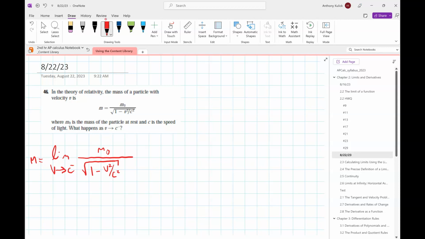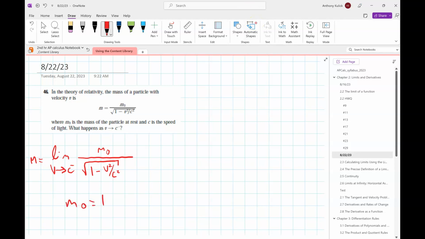So one of the things we're going to look at in the next section is algebraic properties of limits. How can we evaluate these limits without using a table or a graph, which for this problem, when everything is kind of a constant, is maybe not so realistic? What we can do, though, is assign some values.